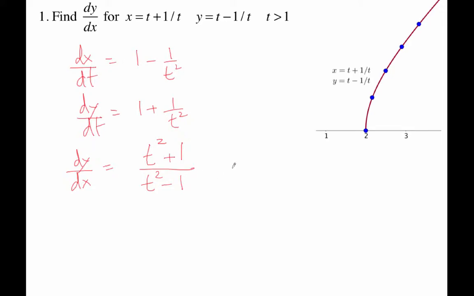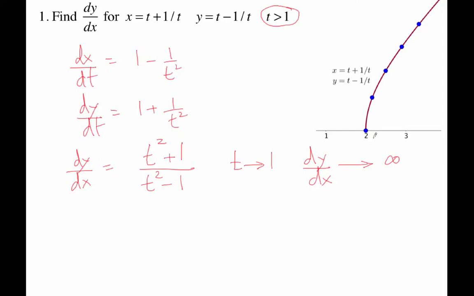Well, let's check to see if we are doing the right thing. As t tends to 1 from above, obviously we are restricting ourselves to t greater than 1, then dy by dx, according to the formula that we just derived over here, t squared minus 1 tends to 0, so dy by dx tends to infinity.